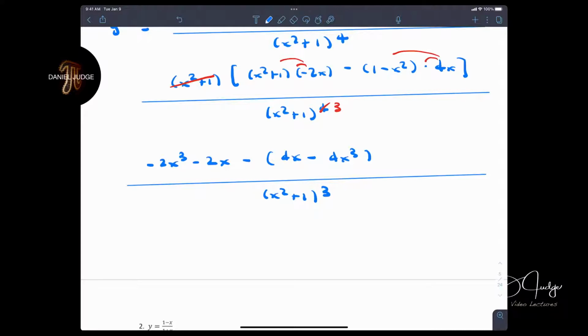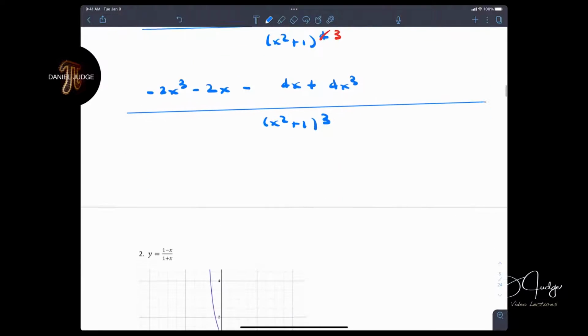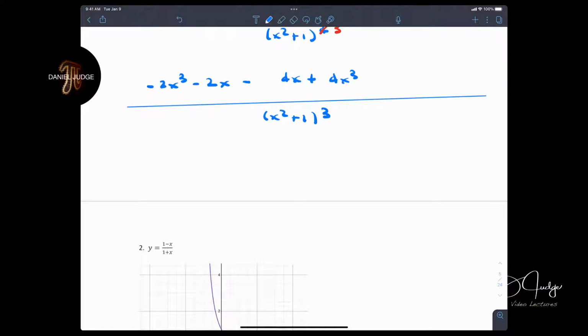Okay. I'm going to get rid of the parentheses, which really means change my signs here. And so, ladies and gentlemen, let's simplify the numerator. Looks like we're going to have 2x cubed, cancel those terms, minus 6x.